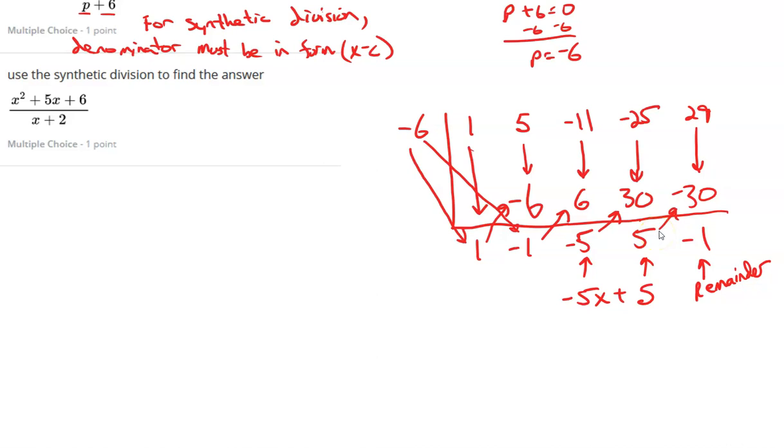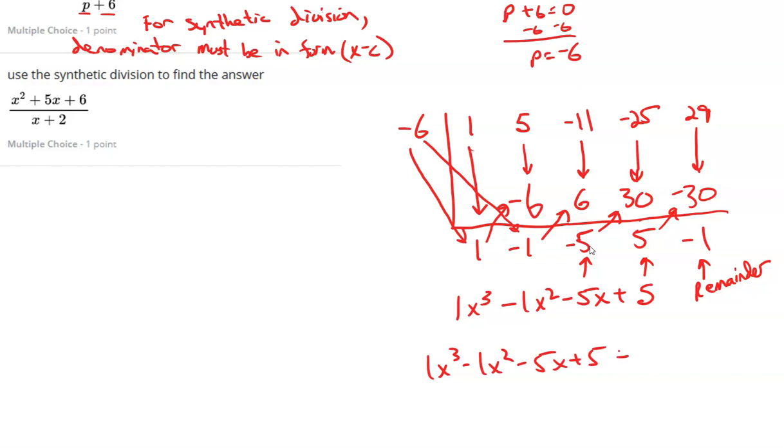This one is always the constant, and this one is always the x, so that makes this one the x squared, negative 1x squared. And then this one is the x cubed, 1x cubed. And then a remainder of negative 1. So your final answer is 1x cubed minus 1x squared minus 5x plus 5.